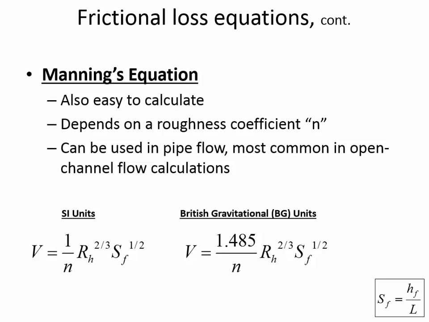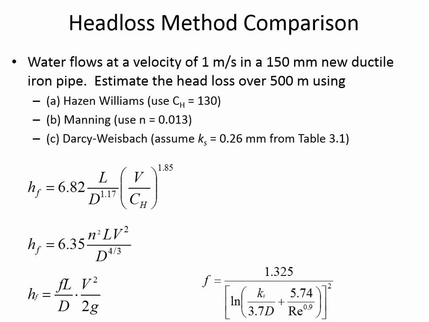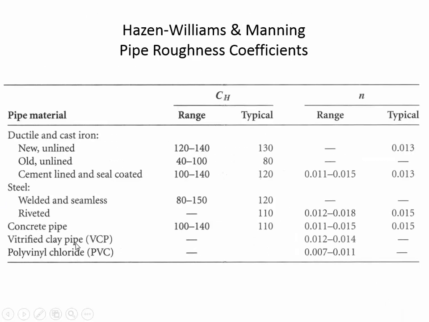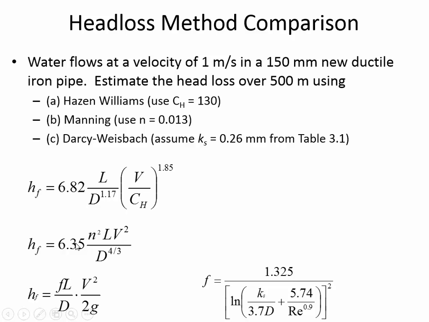We're using SI units in this problem, and so I used this equation on the left when I was doing it. All right, the n value for this pipe is 0.013.